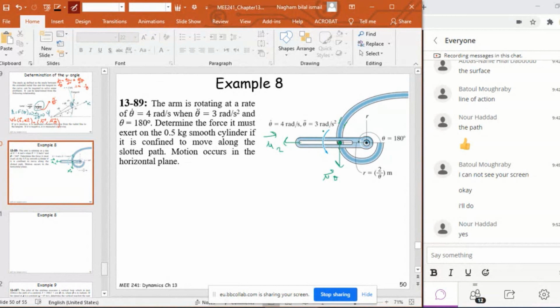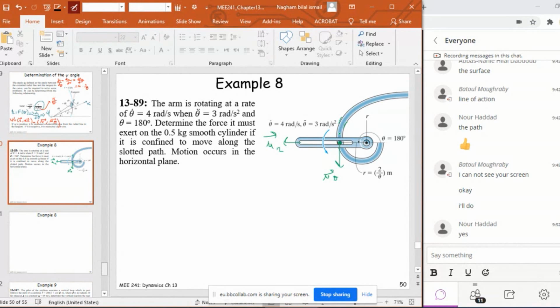Because this is the angle theta. The angle theta is moving counterclockwise, so I put U theta counterclockwise. So this is UR, and this is U theta, and I have a slotted path, and this cylinder is restricted to move in this slotted path. Okay, guys?